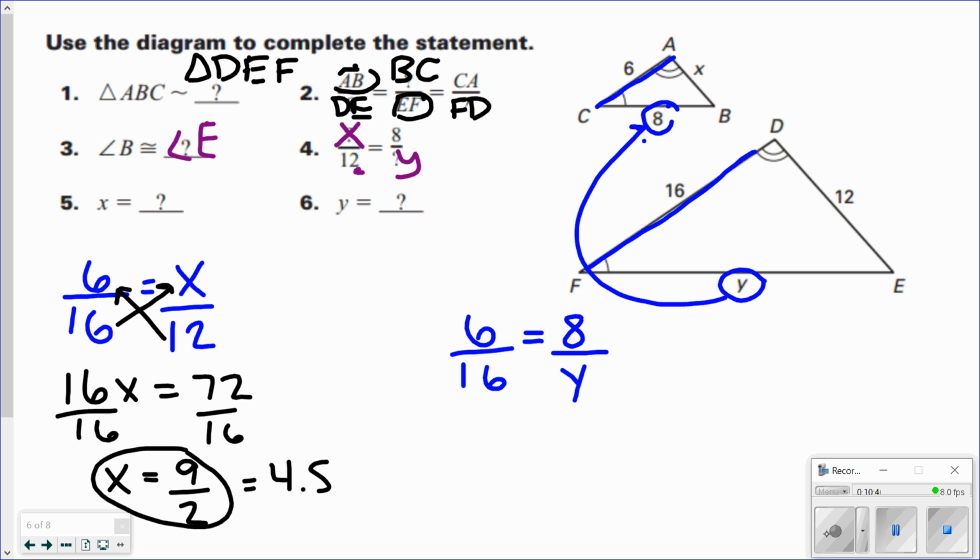We will cross multiply, so Y times 6 is 6Y. 16 times 8 is 128. Divide by 6, divide by 6. Now, when you plug this in your calculator, you'll get 21.3 repeating.